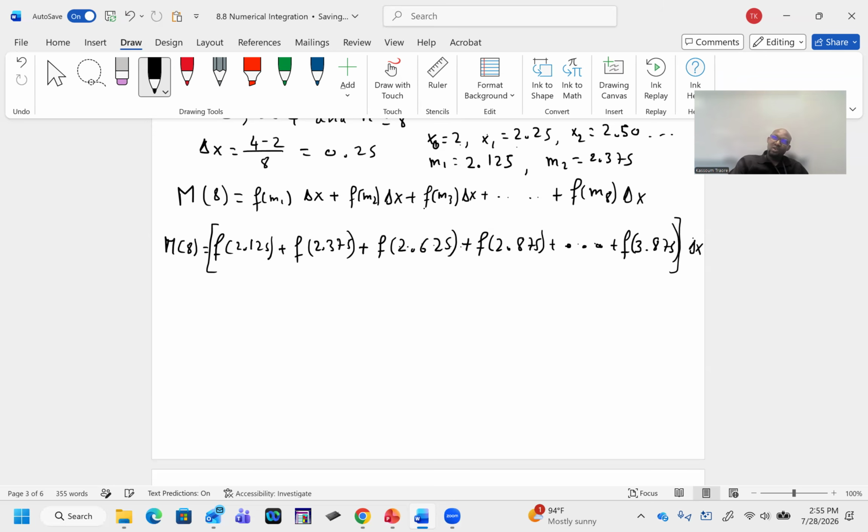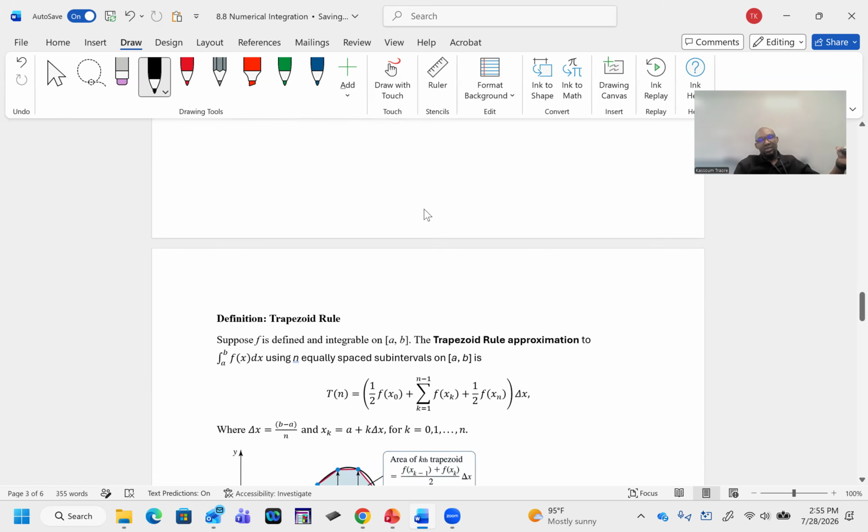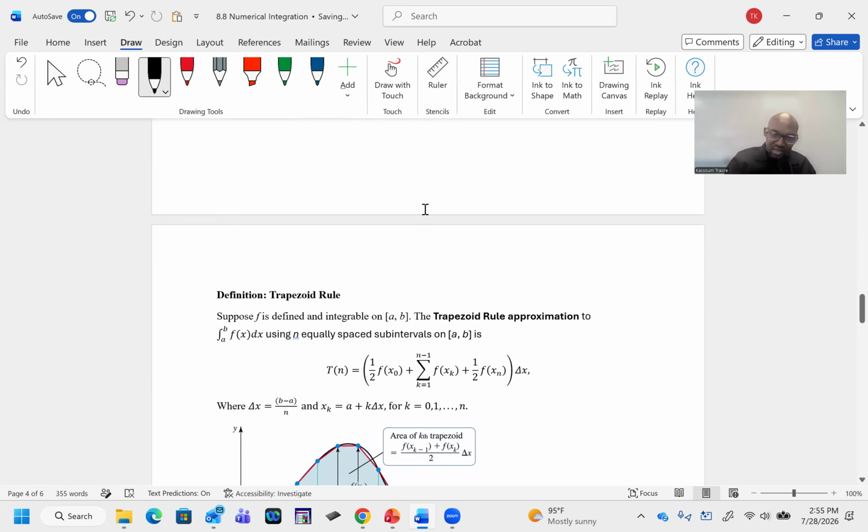And then once you do all of this, you will see your M of 8 would be 18.65625. Okay?